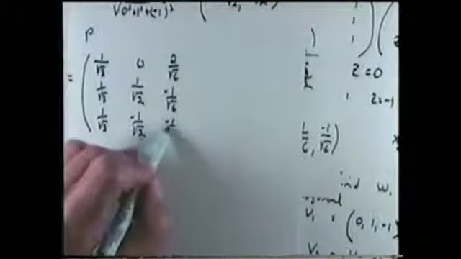And the third column will be this column made into a unit vector, which would be 2 over the square root of 6, -1 over the square root of 6, -1 over the square root of 6. So there is P.